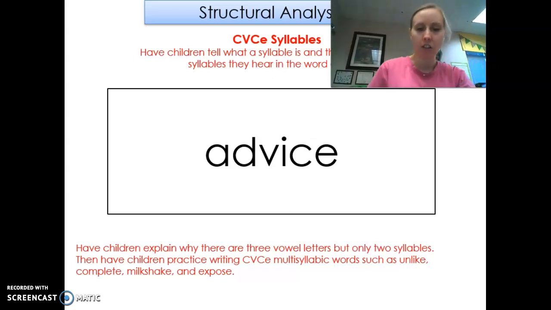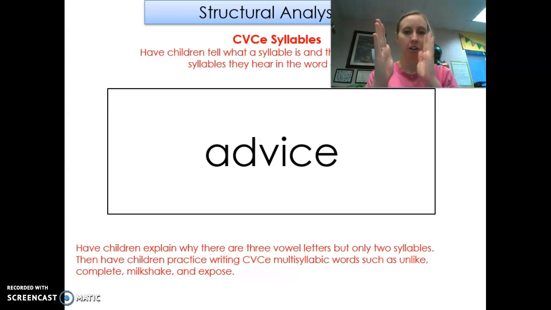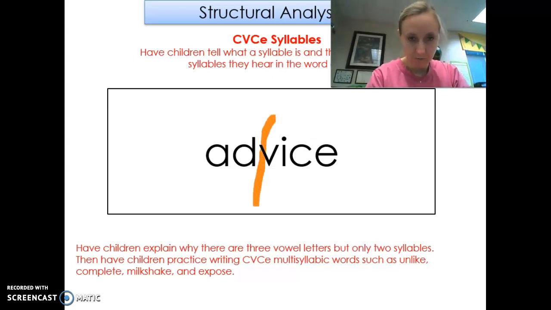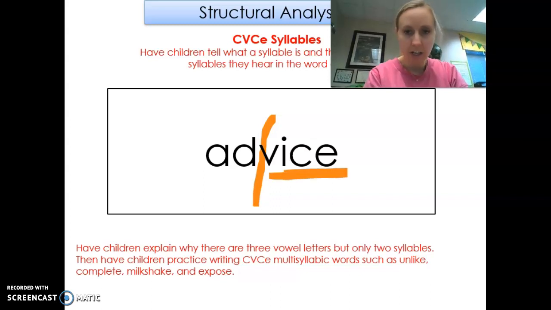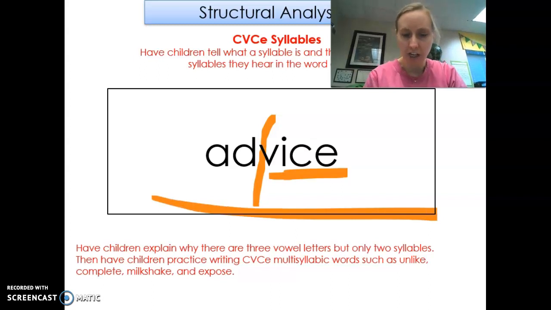Okay, friends, so a CVC word is a consonant vowel consonant, and they're closed syllables because they generally have a letter on both sides of them, a consonant. So let's do advice. Advice. Okay, so in this word there are three vowel letters, but only 2 syllables.